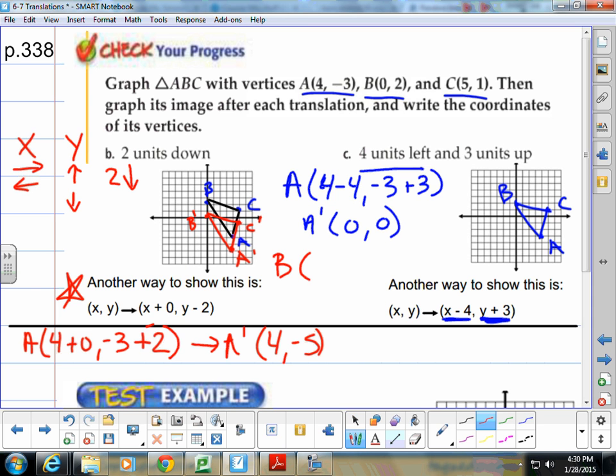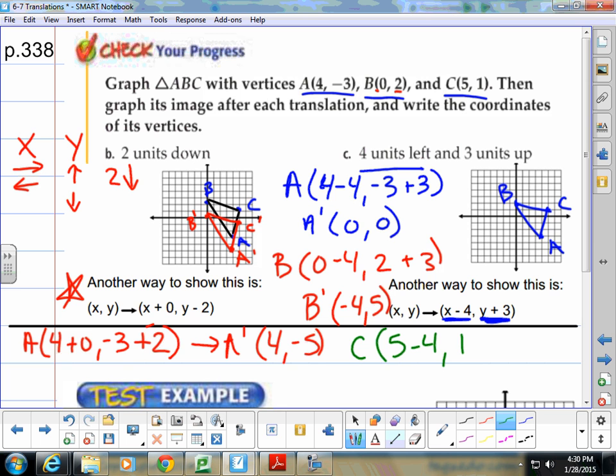B, we're going to change 0 -4, 2 plus 3. Notice I'm just taking the originals and changing them. So B prime is going to end up at -4, 5. And finally, C, we're going to change 5 -4, 1 plus 3. So C prime is going to end up at 1, 4.